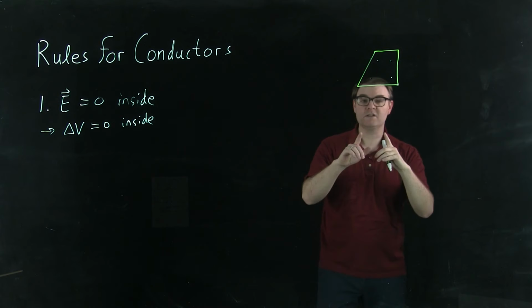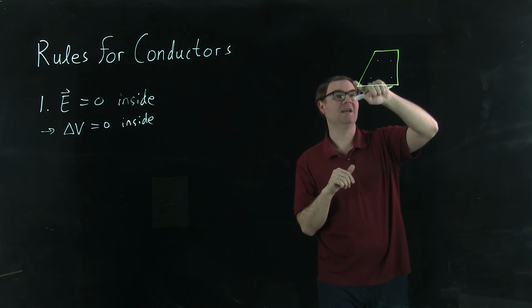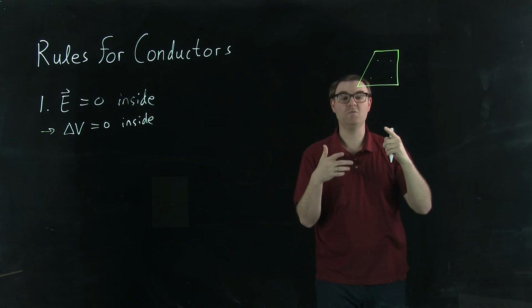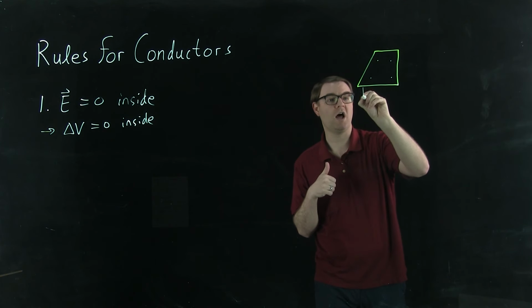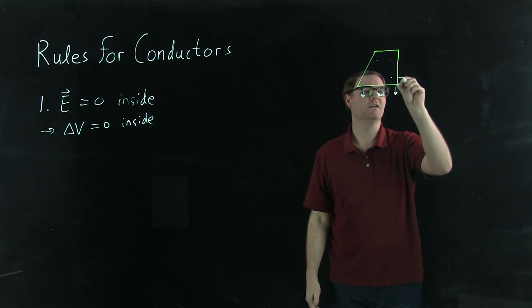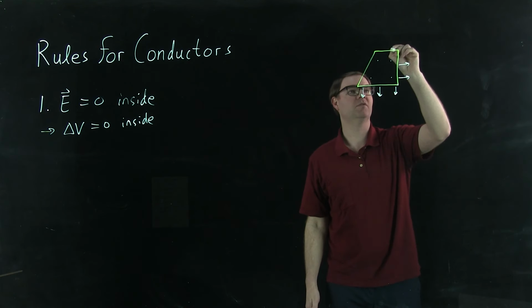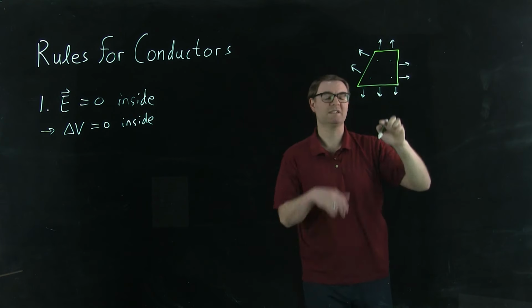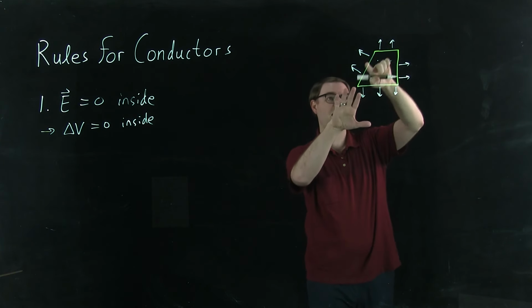But this also is going to tell me that the electric field outside has to be perpendicular to my surface. So I can go draw some electric field vectors at the surface here to show that the electric field is always going to be perpendicular to the surface. Now that's only true locally, right at the surface.